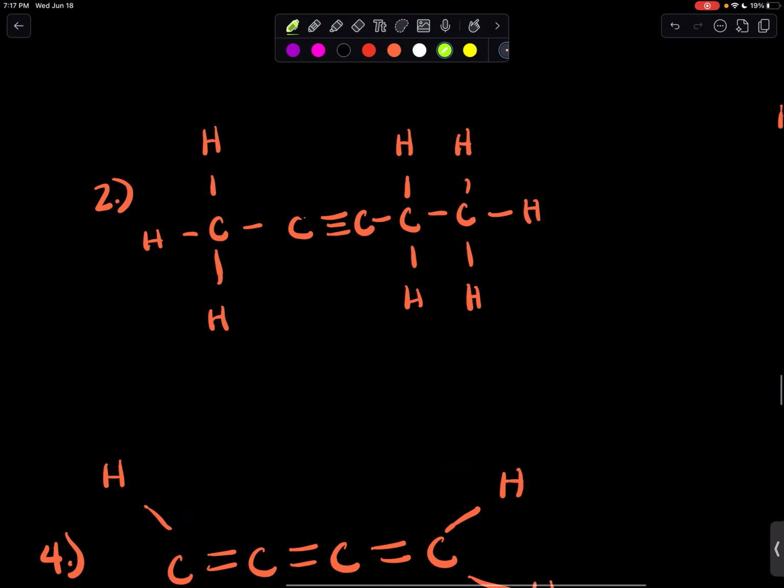Now, let's look at this structure. We want to focus on this carbon and this carbon. What would be the hybridization? Again, these are pretty easy because they have 4 single bonds, which corresponds to sp3. So all of these are sp3.